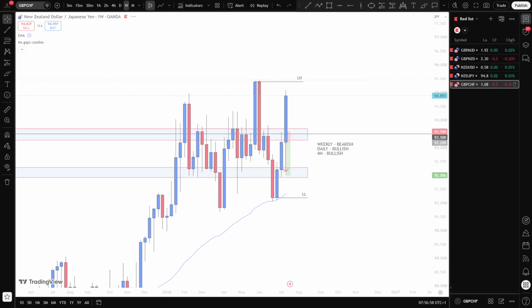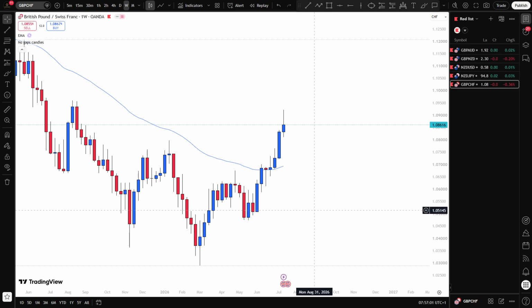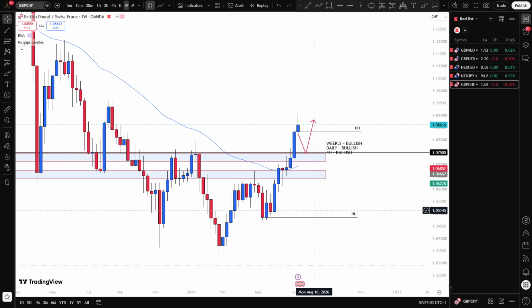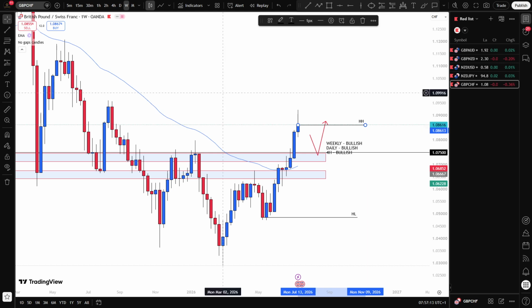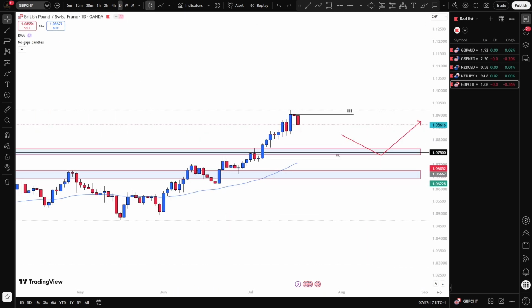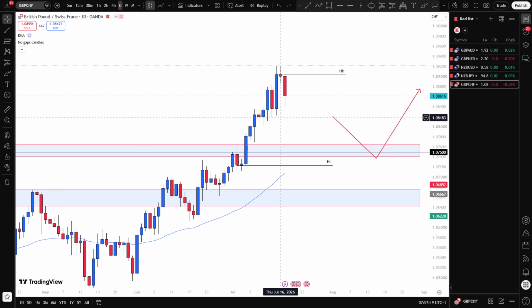So moving on to GBP-CHF. I was waiting for a pullback here to buy, which, if you check my previous video, I clearly stated that I don't think that pullback will happen this week. And that is exactly what happened. On the daily time frame, you see that it is still bullish.